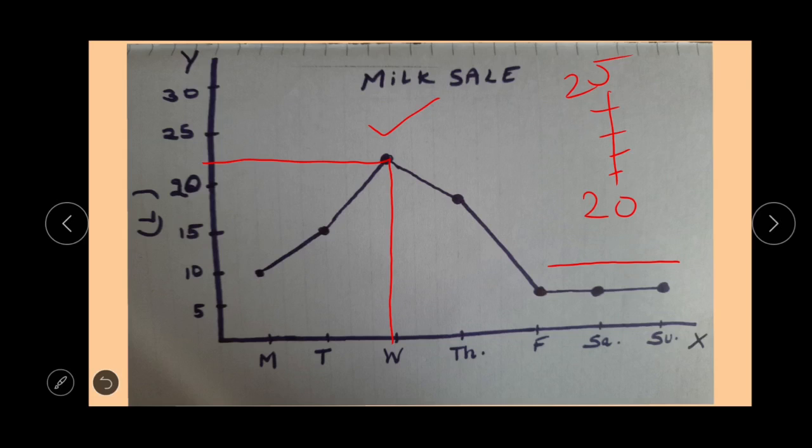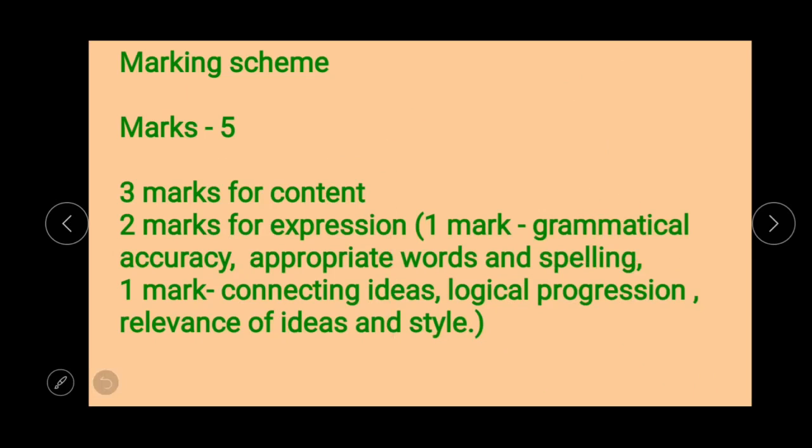Okay, next. Now the marking scheme of this composition. It contains 5 marks: 3 marks for content, meaning the topic on which you are writing the paragraph, and 2 marks for expression. 1 mark for grammatical accuracy, meaning your sentences should be grammatically correct. You should use appropriate words, effective words, and correct spelling.